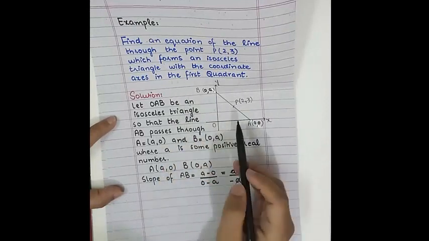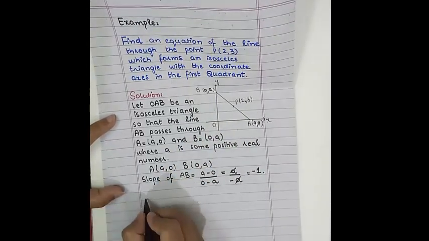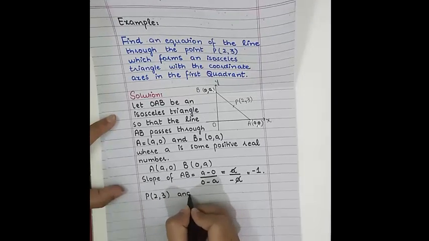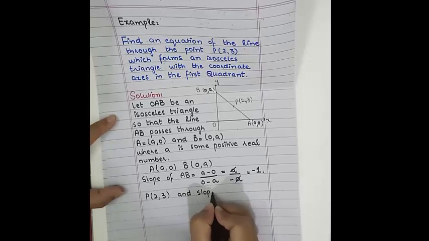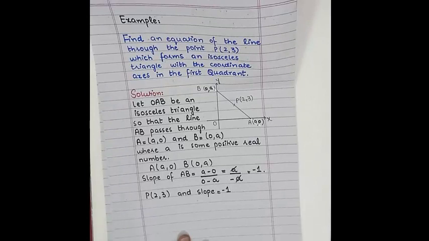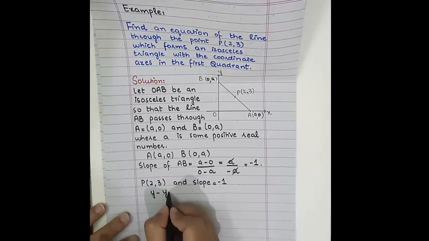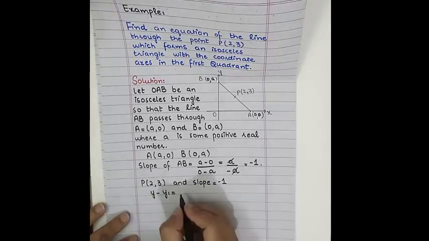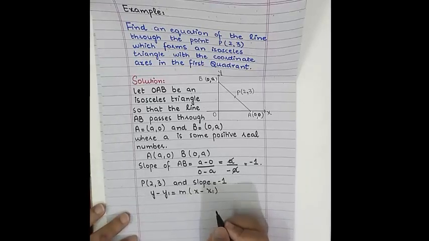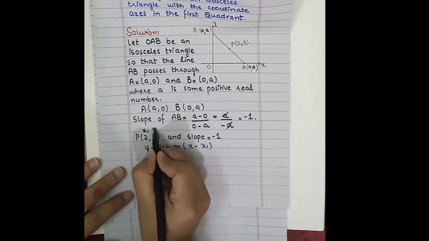But this AB passes through the point (2, 3). So we have got one point and one slope. So we will apply the formula for the point-slope equation of a straight line, which is y minus y1 is equal to m times (x minus x1). So this is x1 and this is y1.